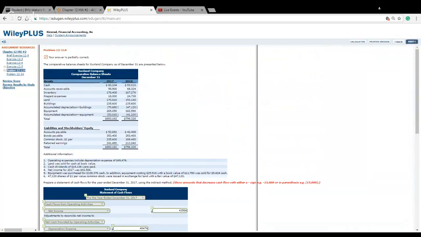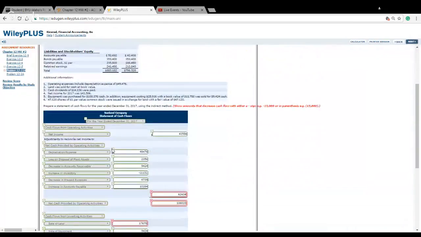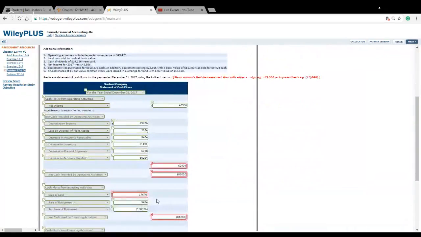By doing that, I would have 29,450 as the sale of land. So that's the number that should be here. It should be 29,450.